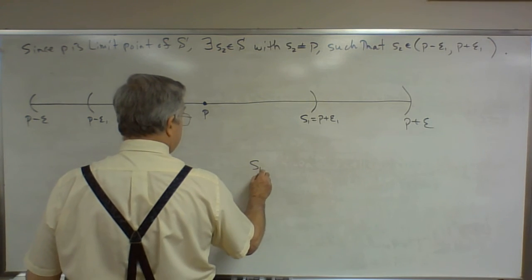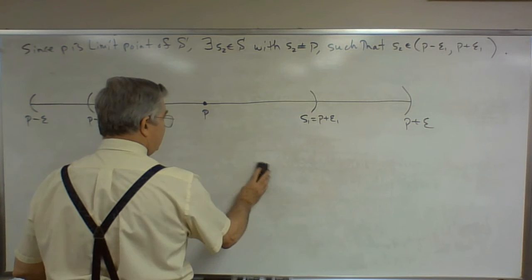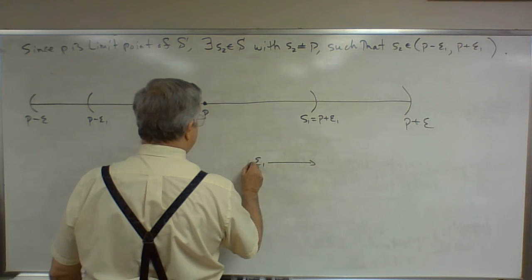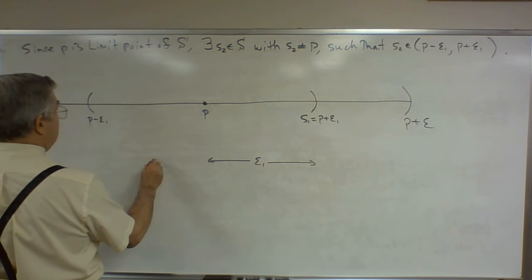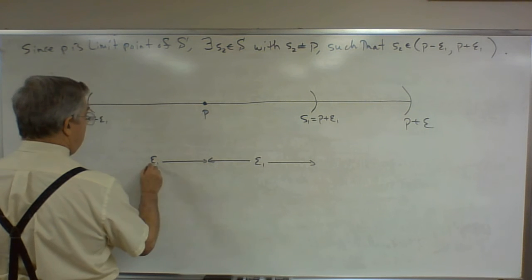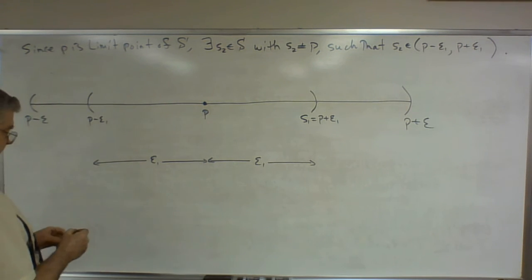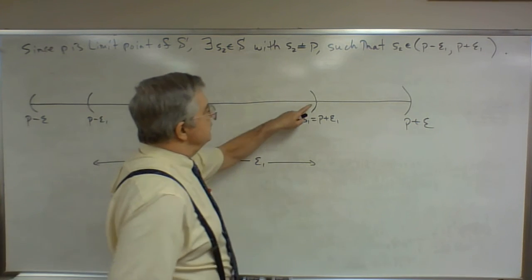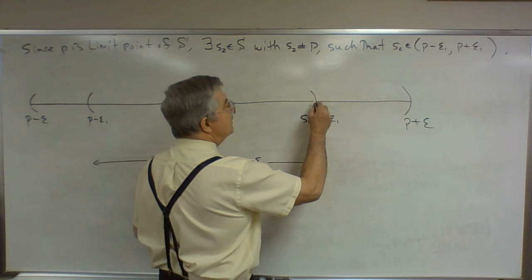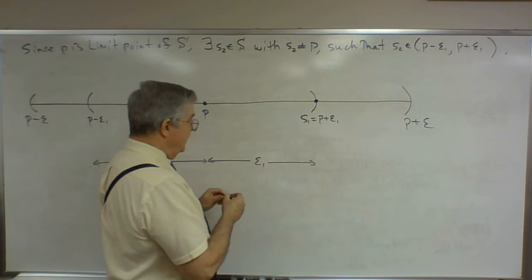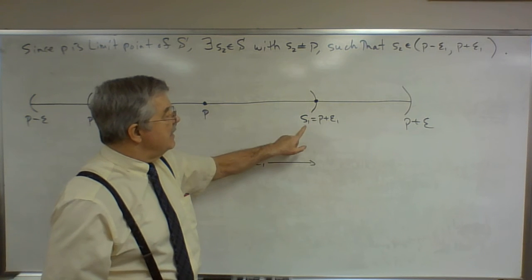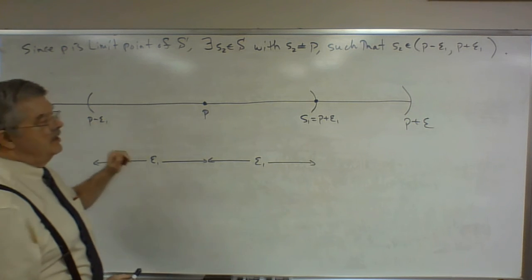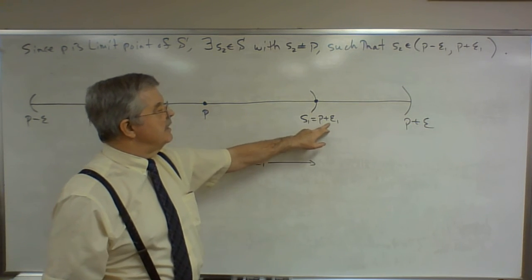So this distance is epsilon sub 1. And since S1 is the endpoint of this interval, and this is an open interval, S1 is not contained in the interval from P minus epsilon sub 1 to P plus epsilon sub 1.